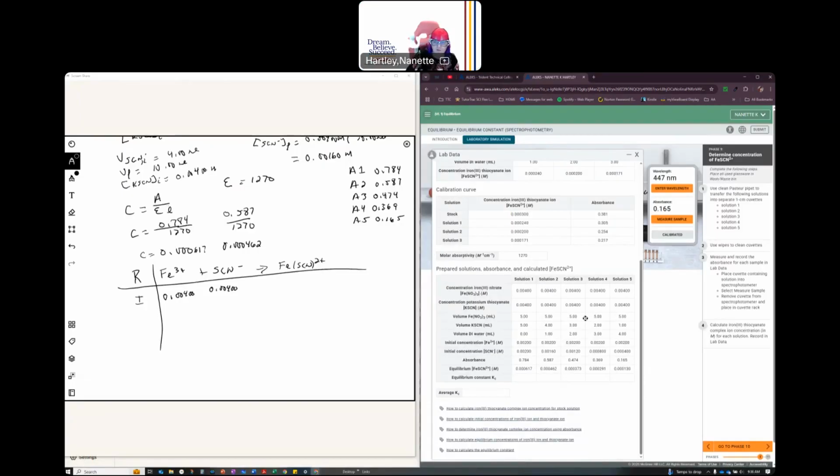Did not, but that's okay. We can think about that in just a second. Now, I know that every time I make an FeSCN, I need one of these and one of these to make it, and I will get one of these. And I know at equilibrium, this will be this minus the x, and this is going to be plus the x.